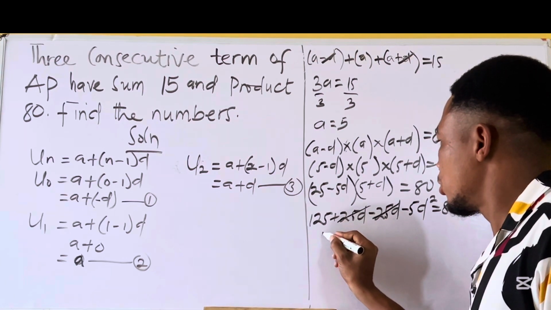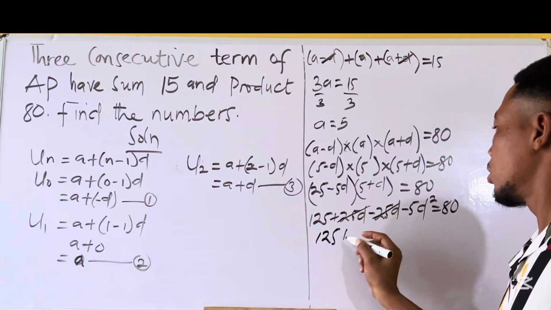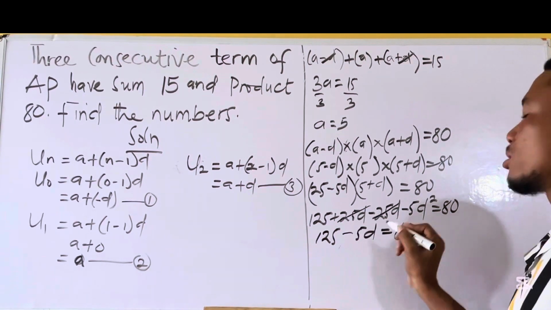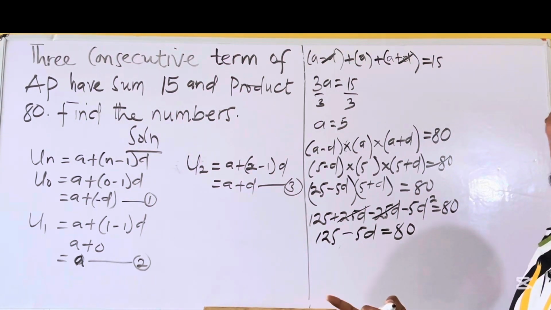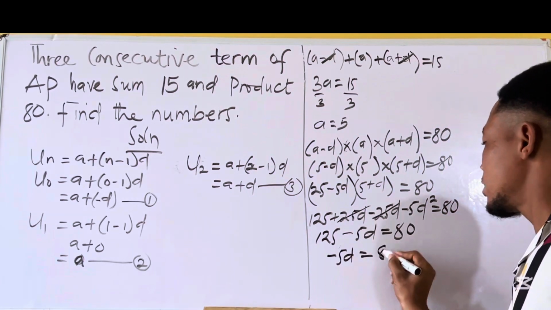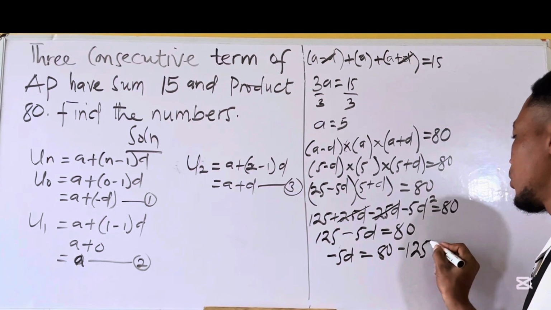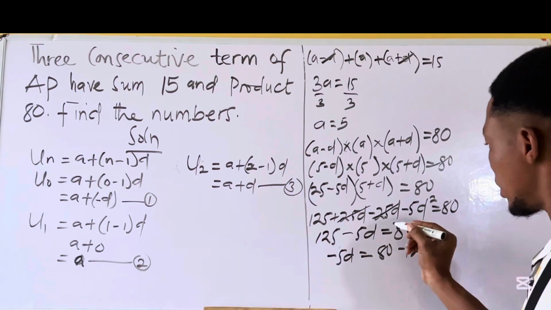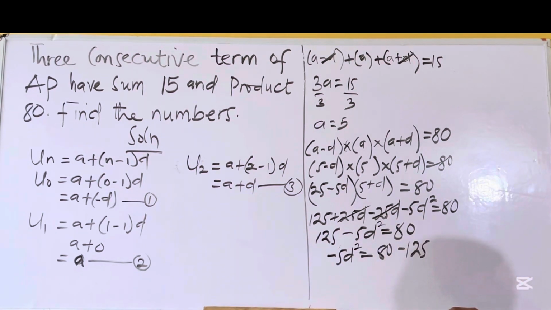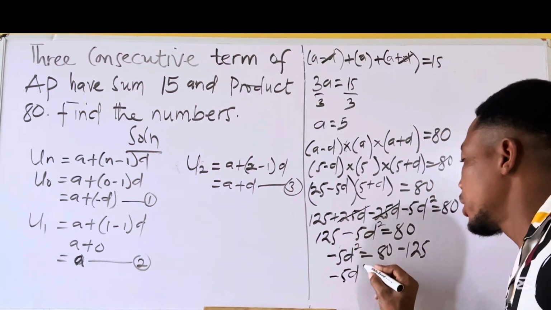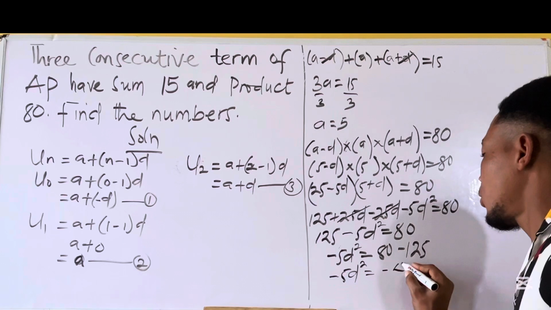So we have 125 minus 5d squared to be equal to 80. Don't forget, now let's group like terms. So we have negative 5d squared to be equal to 80 minus 125. Let's not forget this is squared. When we take this from this, we are going to get 45, which is negative. So negative 5d squared is equal to negative 45.